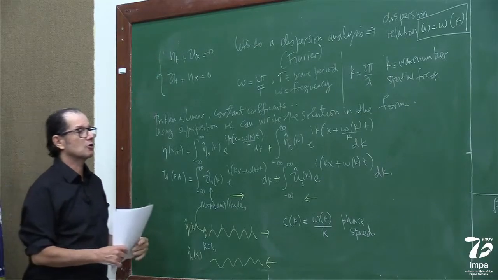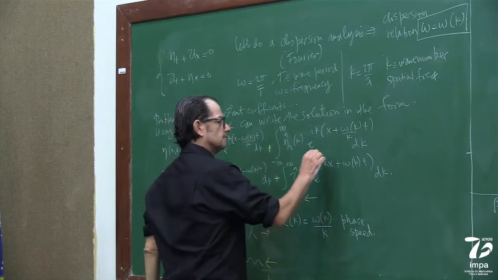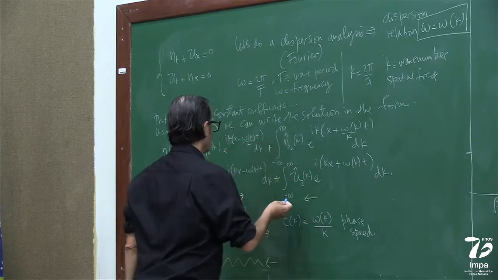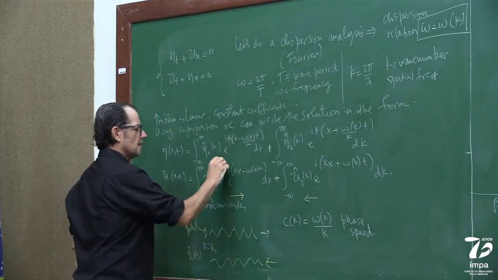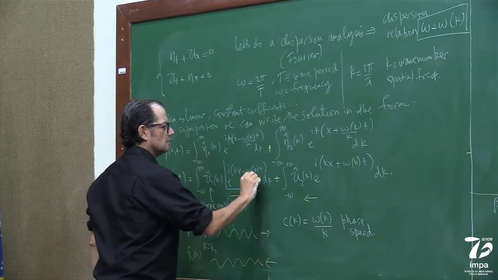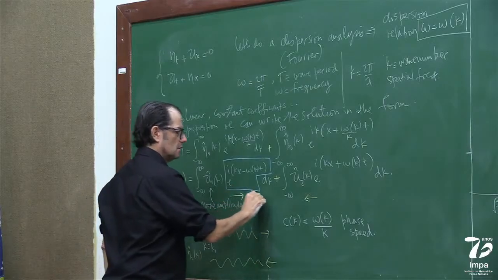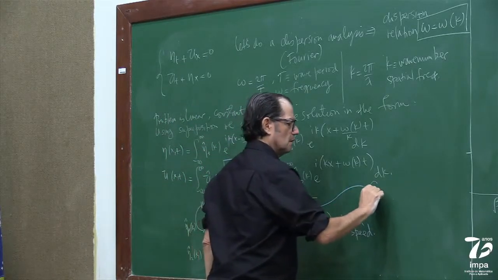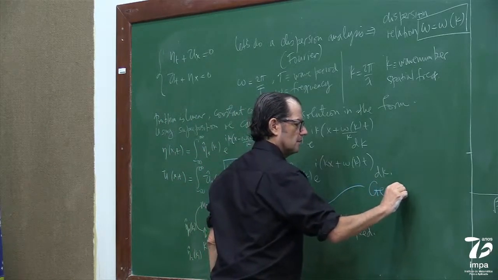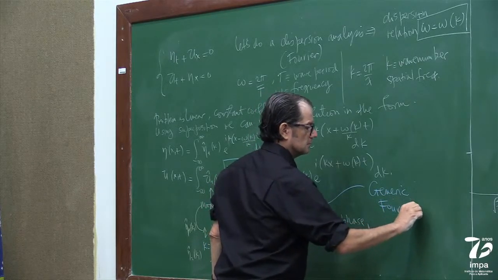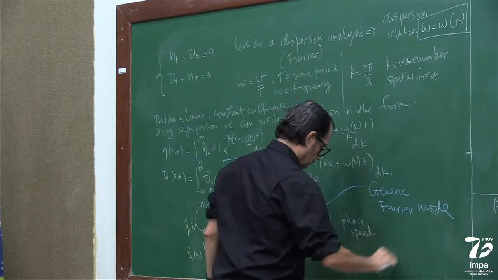So I'm going to call this, or usually I take one of these guys, the negative. I'm going to call this a generic Fourier mode.